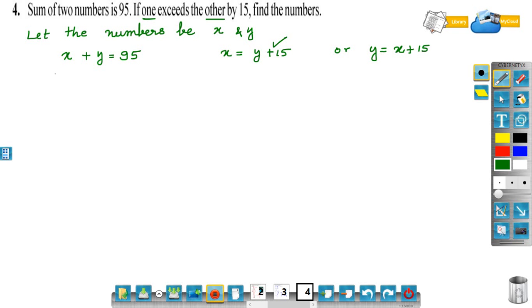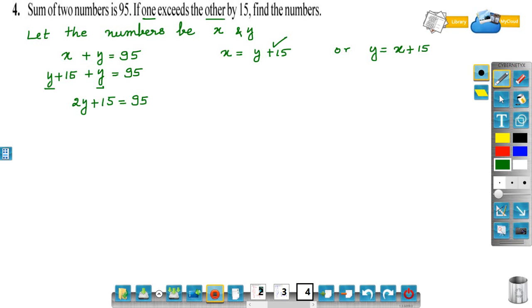Substitute y plus 15 in the place of x. So y plus 15 plus y is equal to 95. Now y plus y is 2y, plus 15 is equal to 95. Now you have to find the value of y.